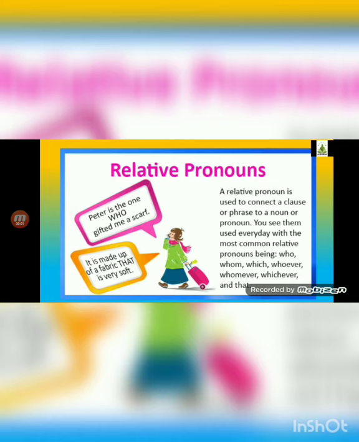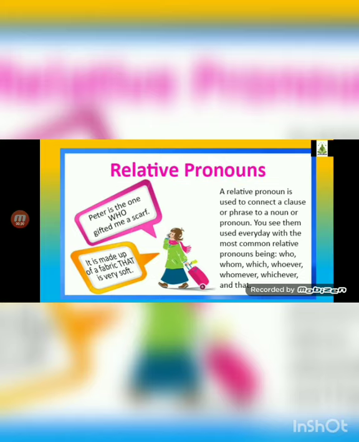So children, let's start with our next kind of pronoun, that's relative pronoun. Now, what's a relative pronoun? A relative pronoun is used to connect a clause or a phrase to a noun or pronoun. You see them used every day, with the most common relative pronouns being who, whom, which, whoever, whomever, whichever, and that.